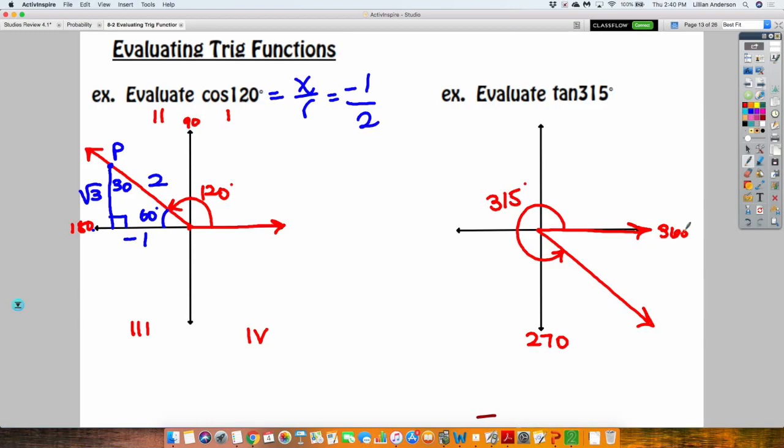Step 2 is to find the reference angle, or the point P, sorry. So I'm picking a point P and then drawing a perpendicular to create a right triangle. Now I need my reference angle. That's the angle that's going to lie right in here.